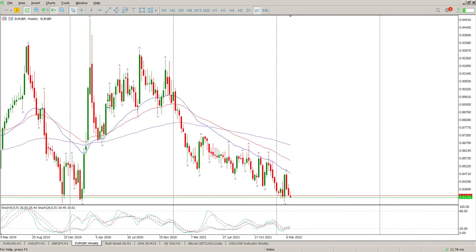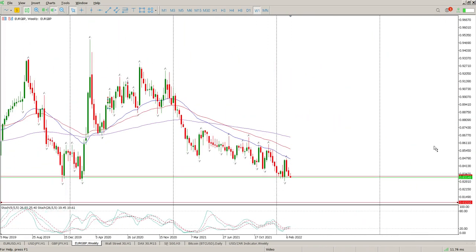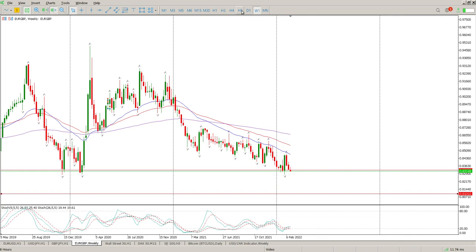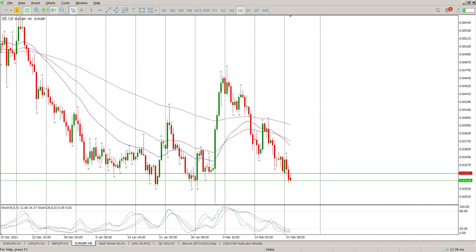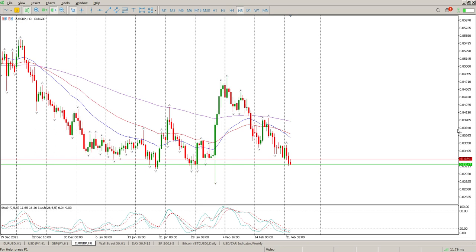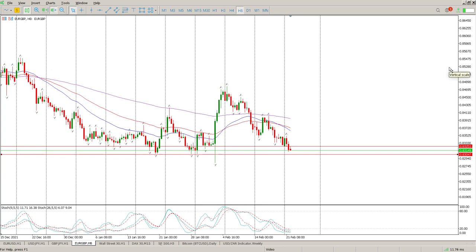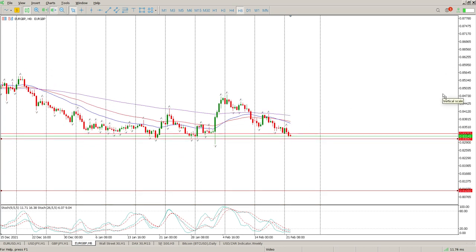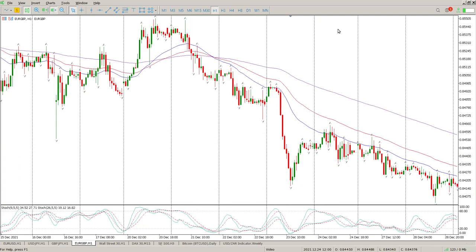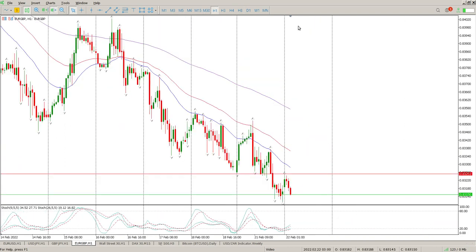So I'm not really keen on jumping in short right here, but it's definitely worth anticipating a move to the downside. So let's get this level in. So that's probably going to hold up price as well. But if we start dropping below this, I think you're going to have a situation where we are going to fall, and it's significant. So yeah, I'm still patiently waiting on this one.